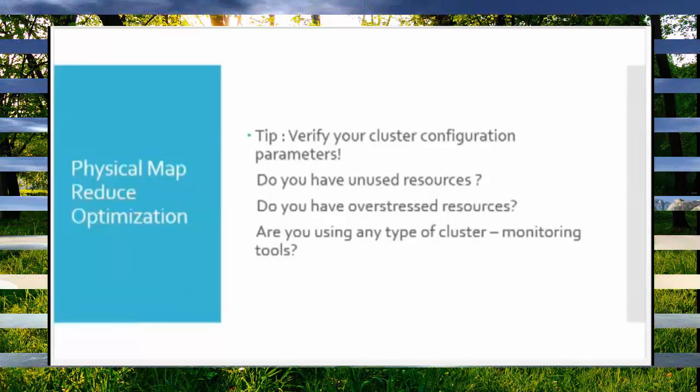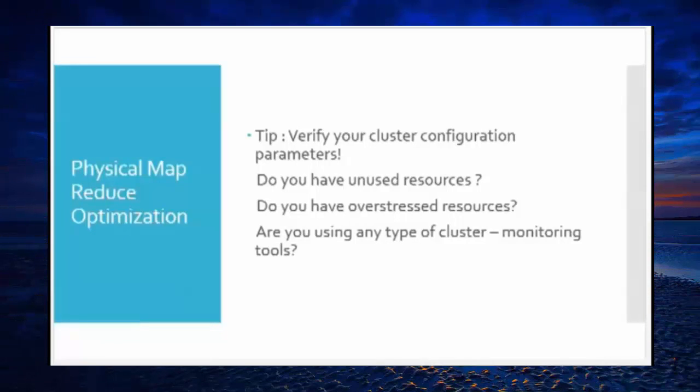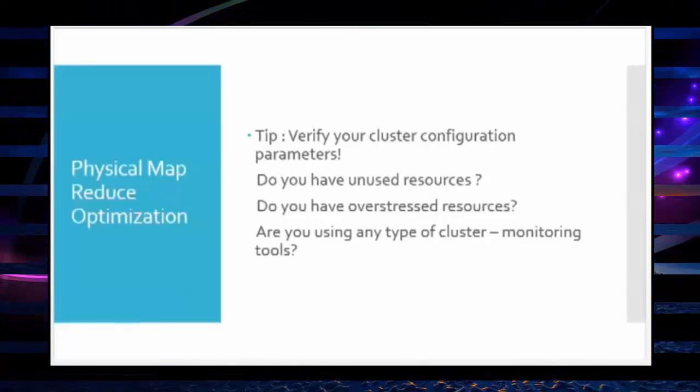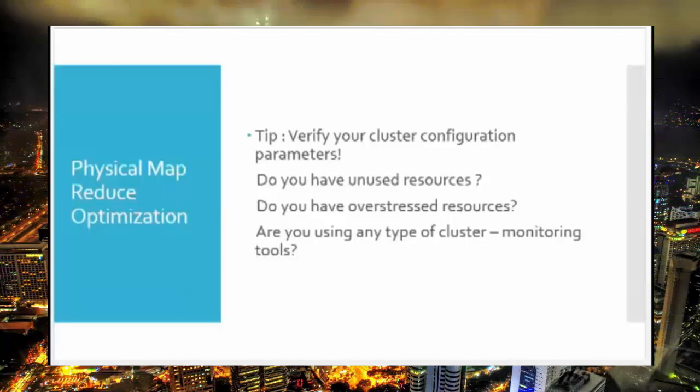People are just trying things out, and it's not documented. And what happens is on different MapReduce jobs, because we have non-standard configuration parameters, there's unexpected behavior. So if you're going to change from default cluster configuration parameters, make sure you have, number one, a compelling business reason.